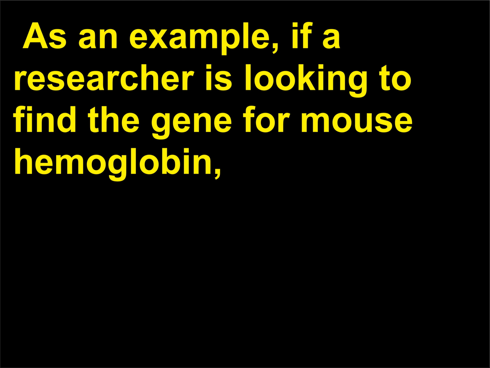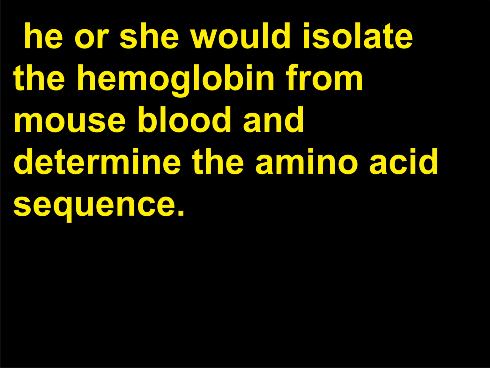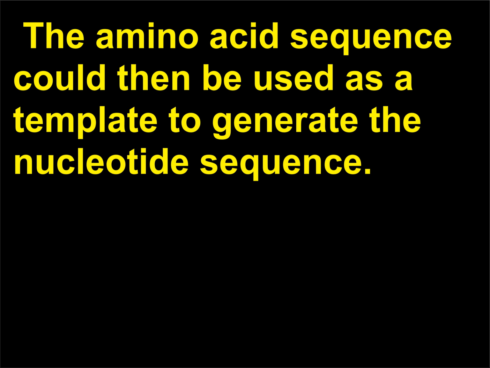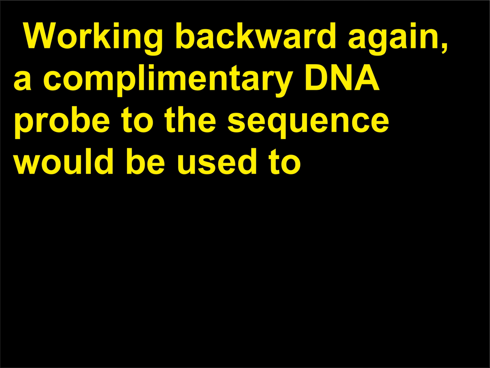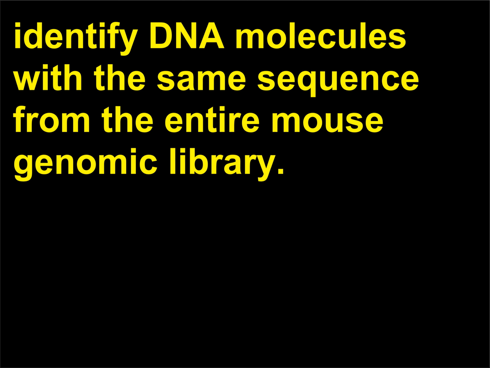As an example, if a researcher is looking to find the gene for mouse hemoglobin, he or she would isolate the hemoglobin from mouse blood and determine the amino acid sequence. The amino acid sequence could then be used as a template to generate the nucleotide sequence. Working backward again, a complementary DNA probe to the sequence would be used to identify DNA molecules with the same sequence from the entire mouse genomic library.